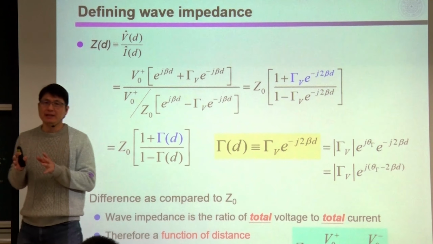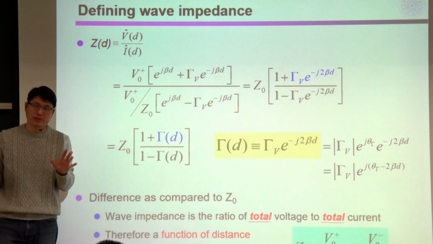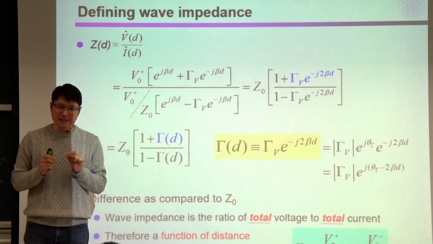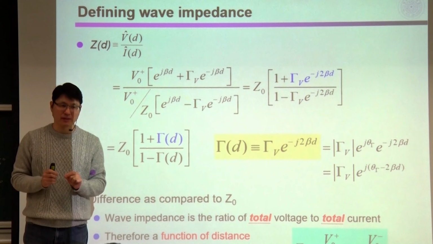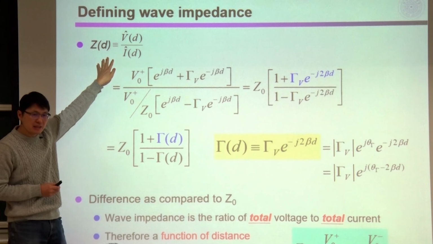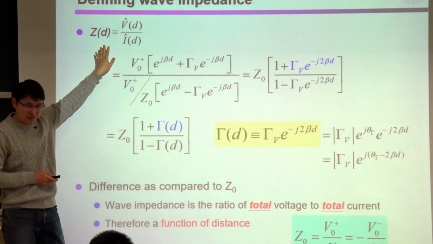But the wave impedance is just the total divided by total. Okay, it's just different. Characteristic impedance is a constant. It's not position dependent. But the wave impedance, ZD, is position sensitive, position dependent.